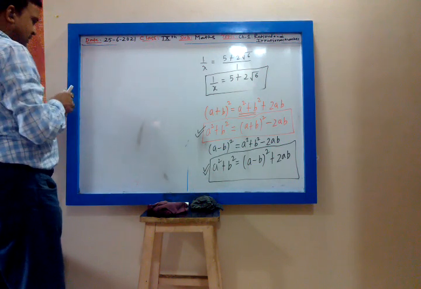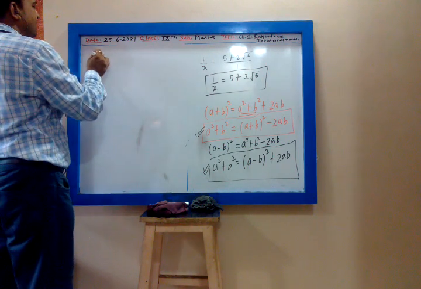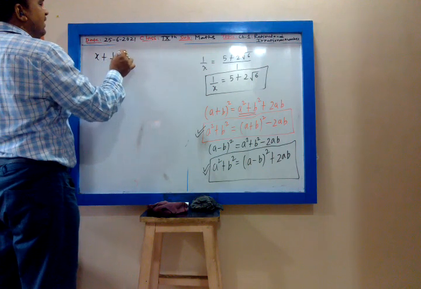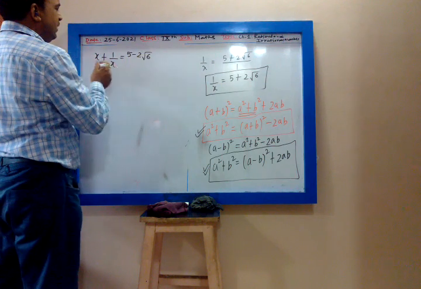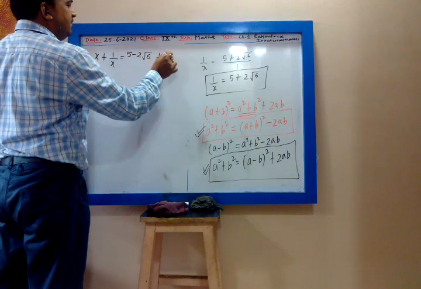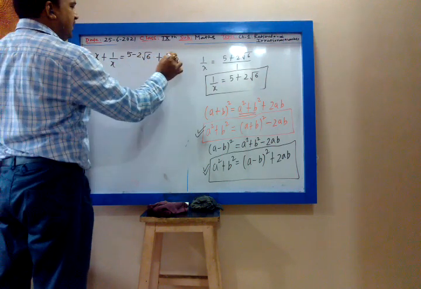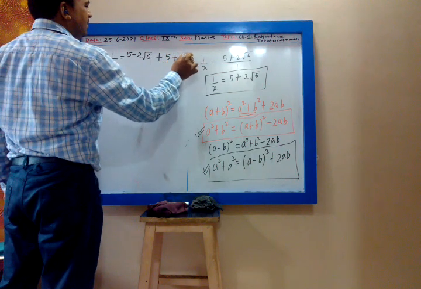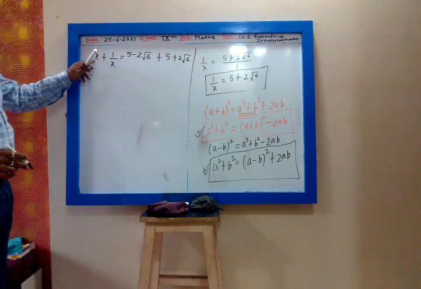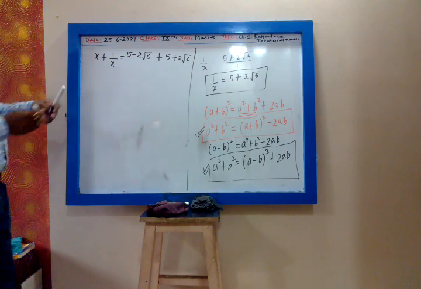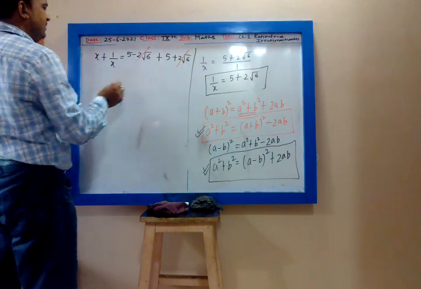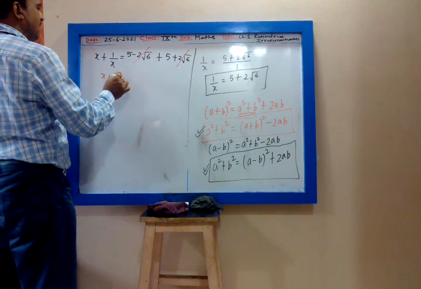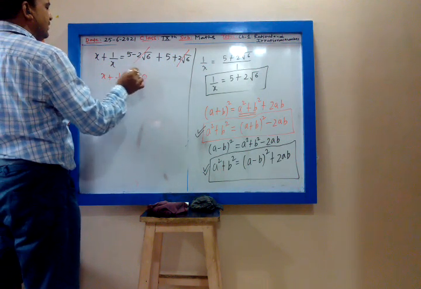You can also find x minus 1 upon x. What is x plus 1 upon x? x is 5 minus 2 root 6. Then what is 1 upon x? 5 plus 2 root 6, no? So minus 2 root 6 gets cancelled with plus 2 root 6. So x plus 1 upon x is 10.